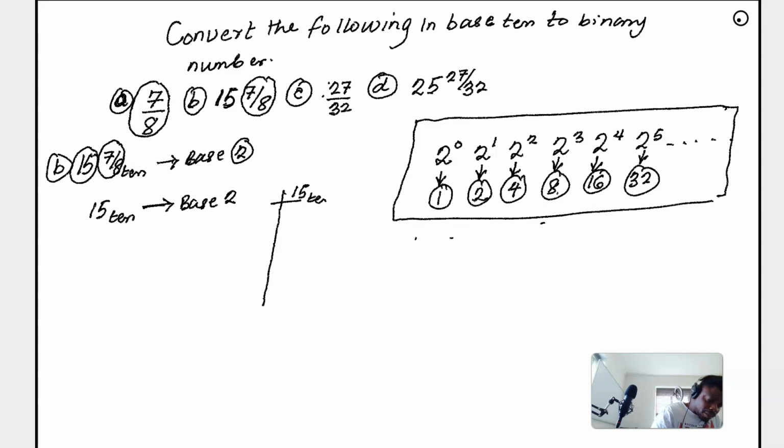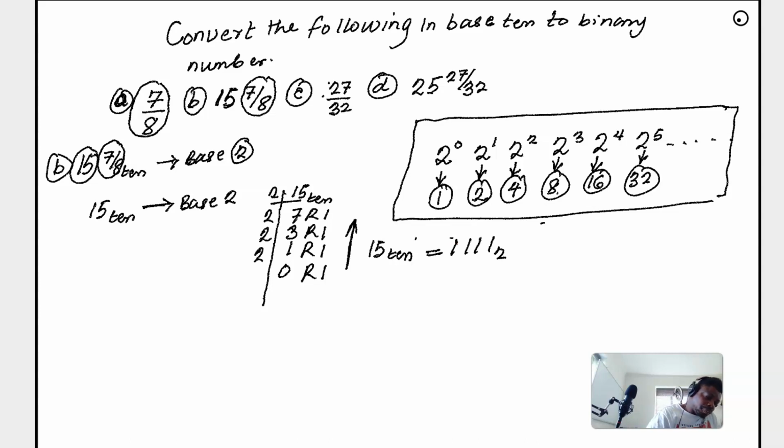So 15 in base 10, we are converting to base 2. So 7, remember 1, 2 here, 3, remember 1, 2 here, 1, remember 1, 2 here, 0, and 1. So 15 base 10 is equal to 1111 in base 2.